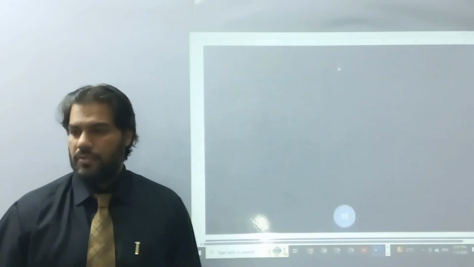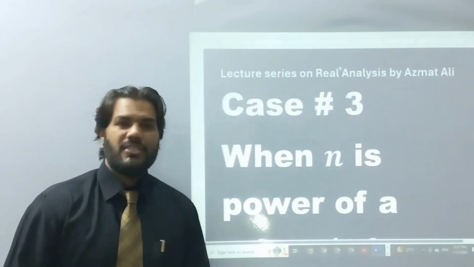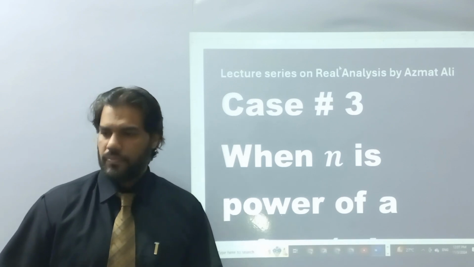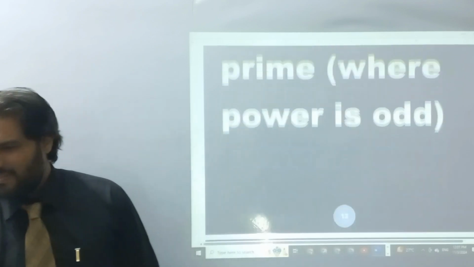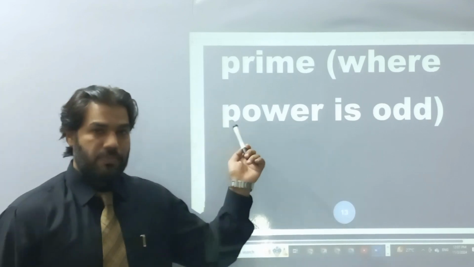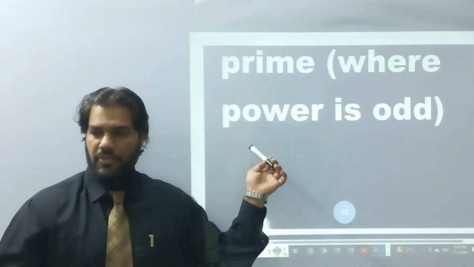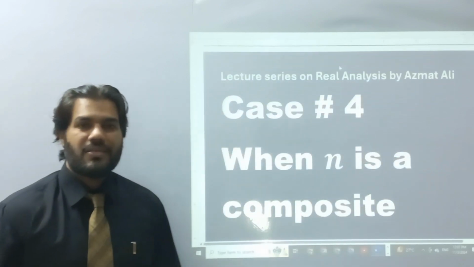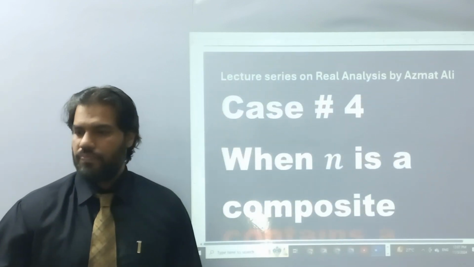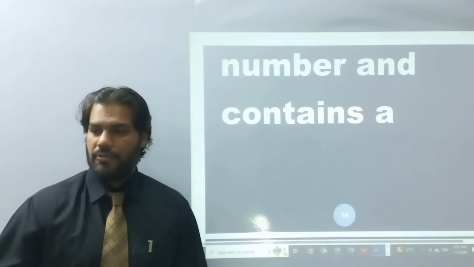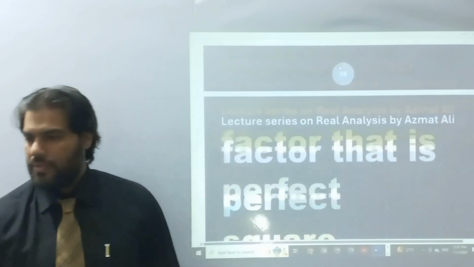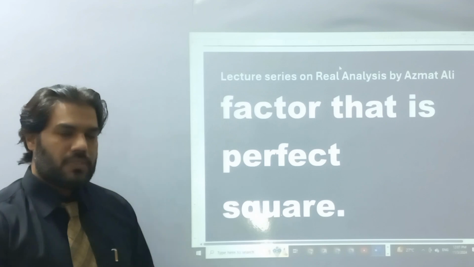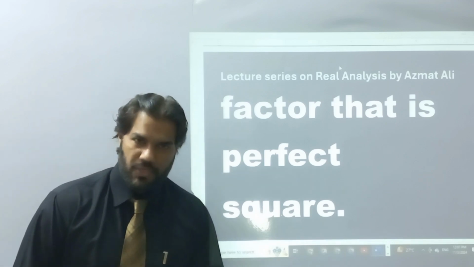The third case is when n is a power of a prime and the power is odd. The fourth one is when n is a composite number and contains a factor that is a perfect square. We will discuss all of these four cases.